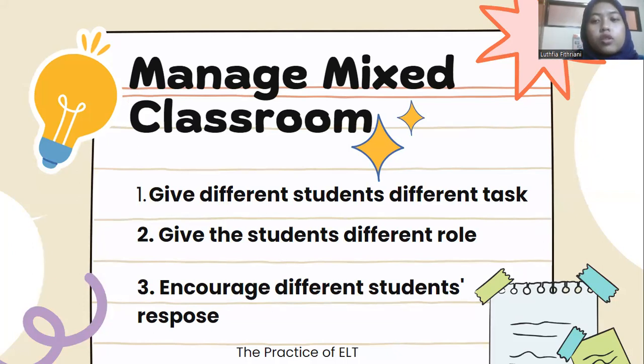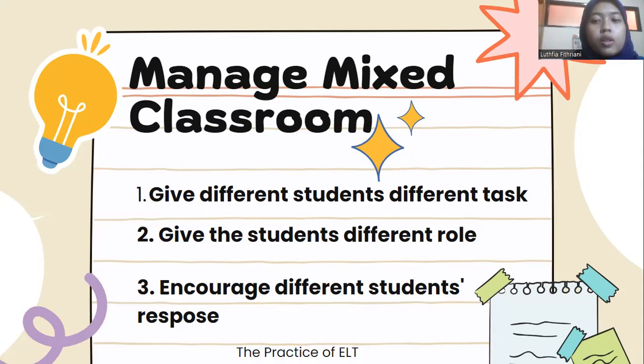The first is give different students different tasks. It can be done by grouping the students according to their abilities. For example, the teacher will teach about reading comprehension. So the teacher will make groups of the students according to their abilities.